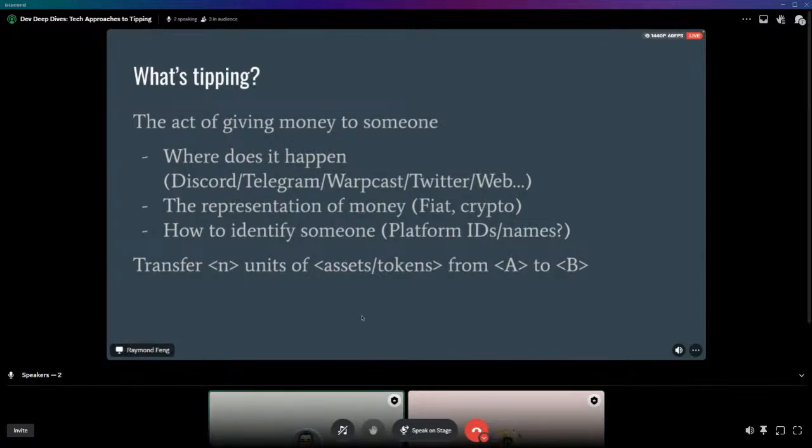So I want to decompose the problem statement and surface some of the technical understanding of tipping. Number one is where does it happen? For traditional tipping, it happens in a restaurant or somewhere similar. You have a meal there and you appreciate the waiter or waitress for the good service. Whenever they present the final check, you just mark, okay, I'm going to give 5%, 10%, or whichever number.